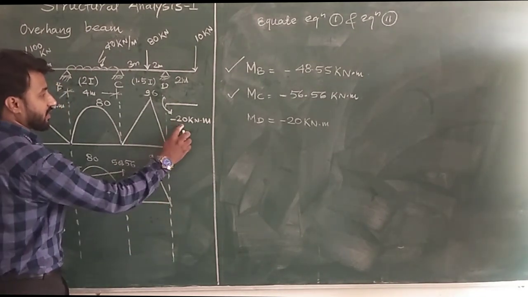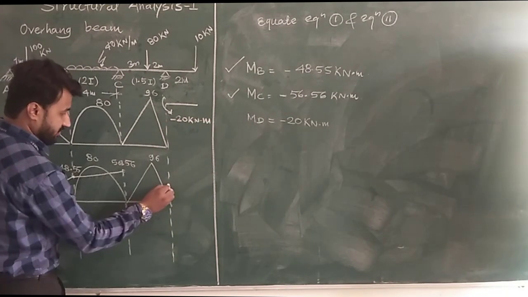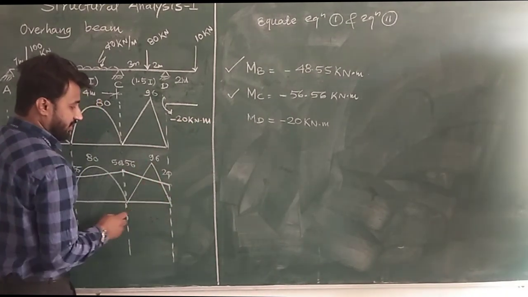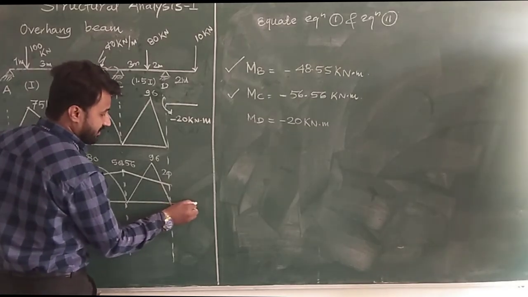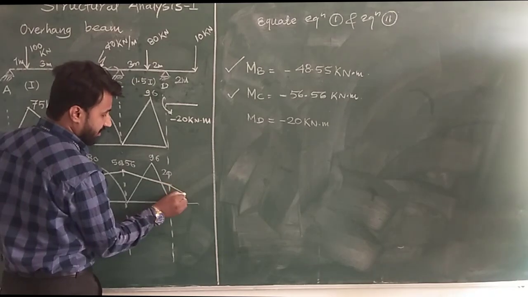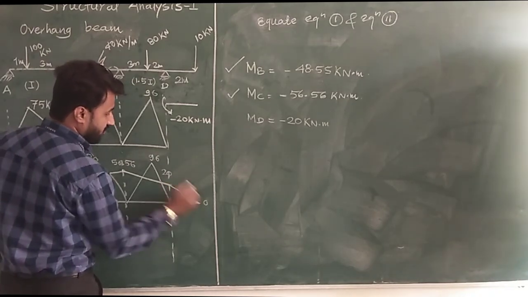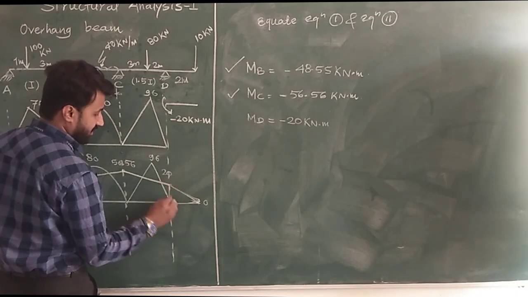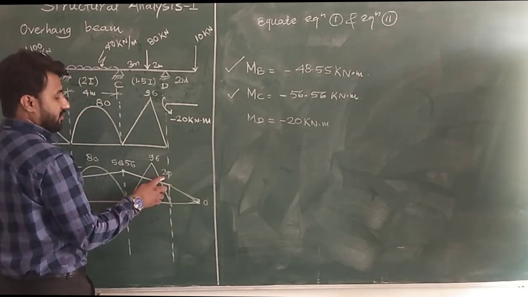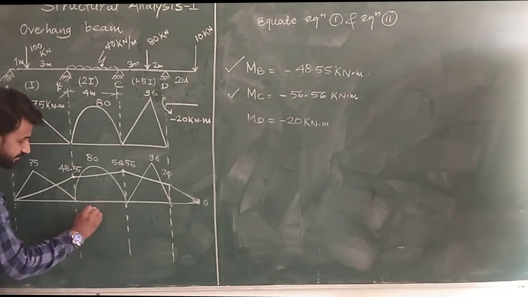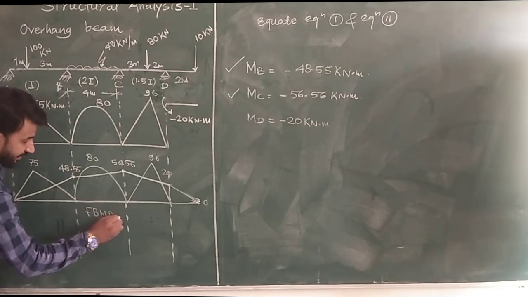This is minus 20 kilonewton meter, so we have to draw minus 20 kilonewton meter, and after that at this hinge point we are drawing 0. So this portion is the overhang portion, and this portion has the moment 20 kilonewton meter. Okay, so this is the final bending moment diagram.